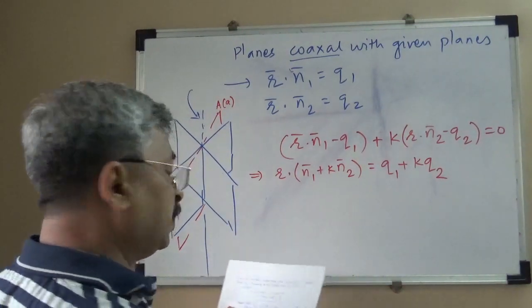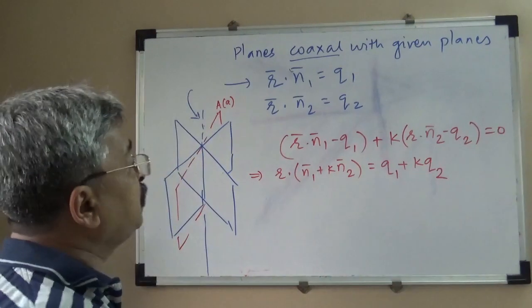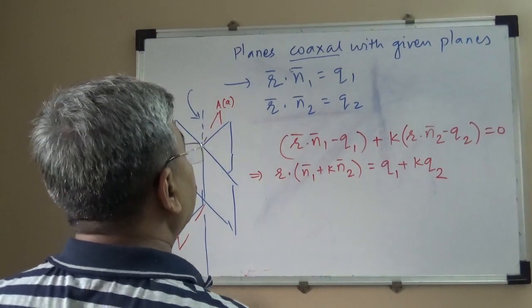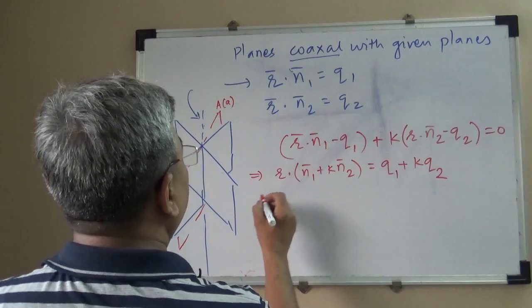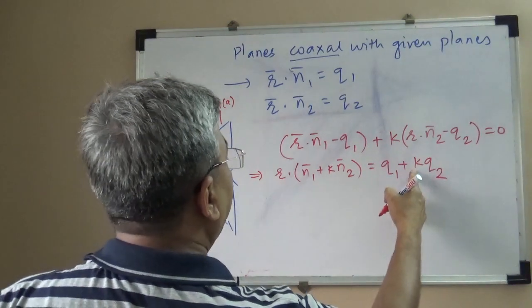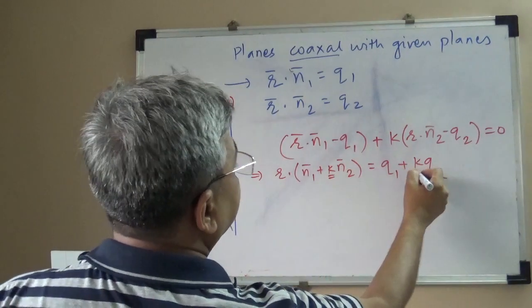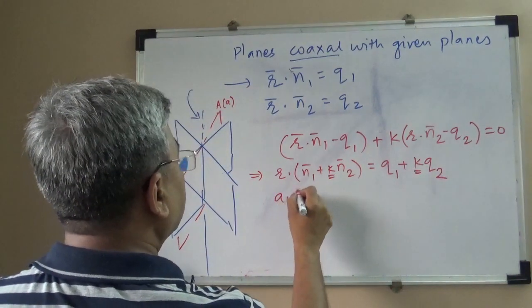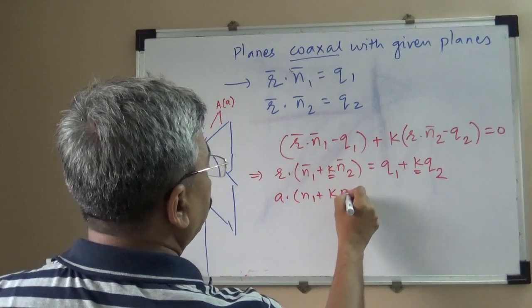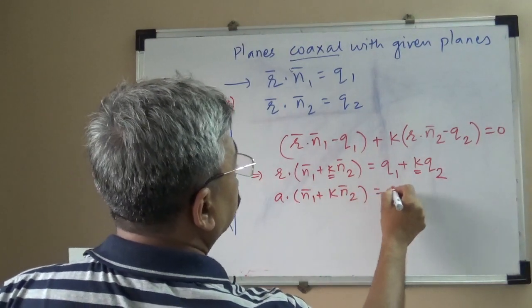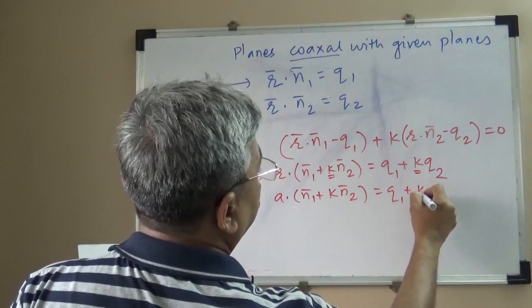So for finding out the value of k, we should substitute point A instead of r. Therefore A dot (n1 plus k n2) is equal to q1 plus k q2.